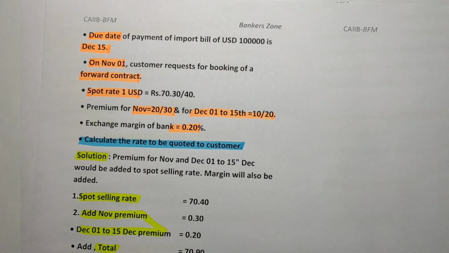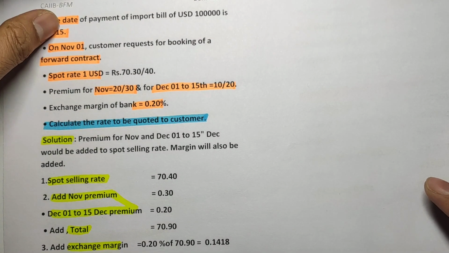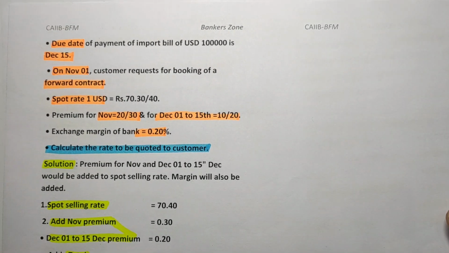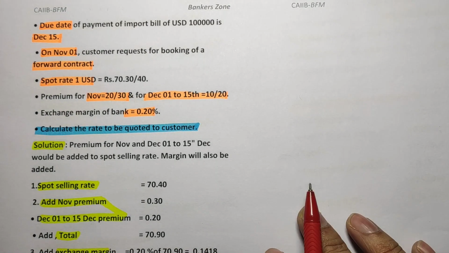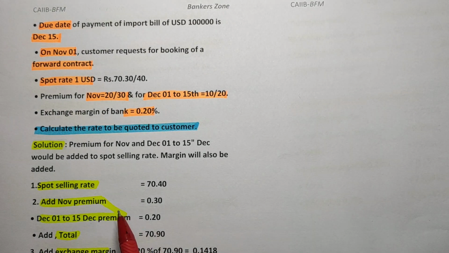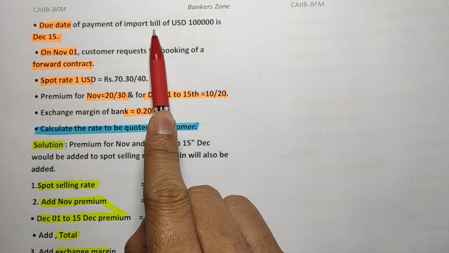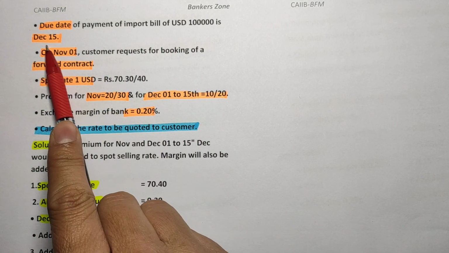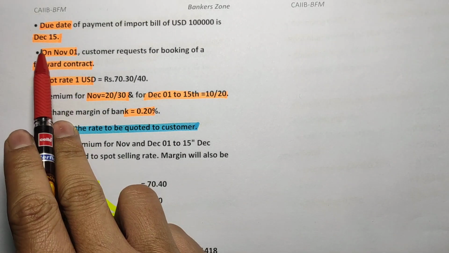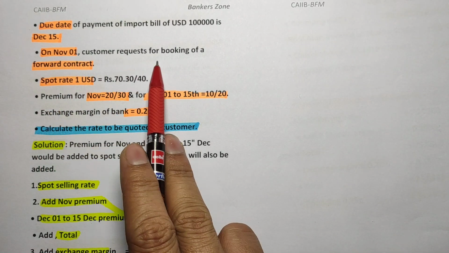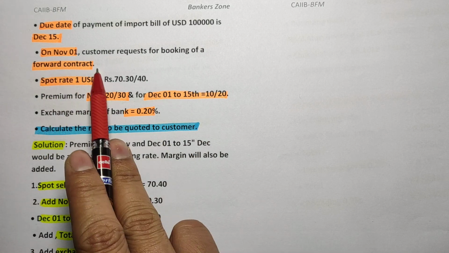So friends, see here, in the next case study what they have given. I was thinking that you should do this yourself, but let me explain. The due date of payment of an import bill of US dollar 1 lakh is December 15. On 1st November, the customer requested for the booking of a forward contract.